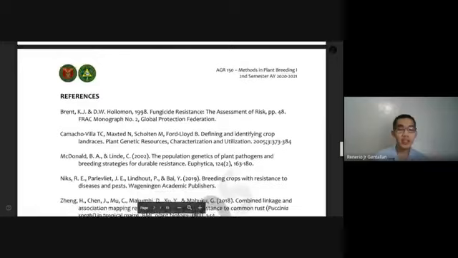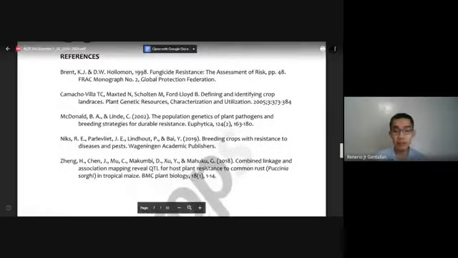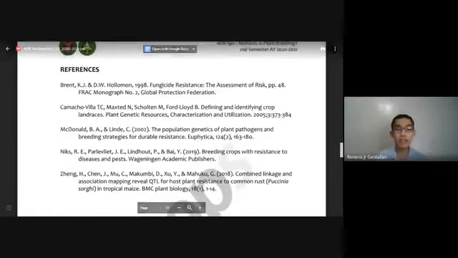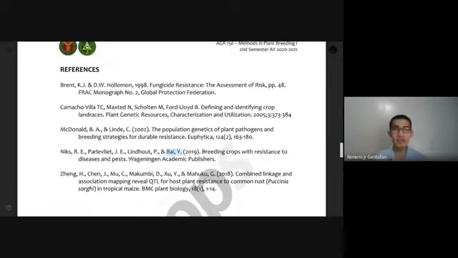So the references are as follows. This is heavily referred to in a book by Nicks and Dr. Yuling Bai, one of our professors in the Netherlands, on breeding for crops with resistance to disease and pests. Also, it is heavy on the McDonald and Linde paper on population genetics for plant pathogens and resistance.